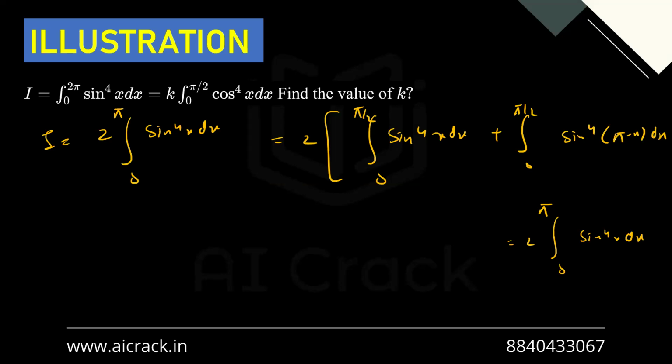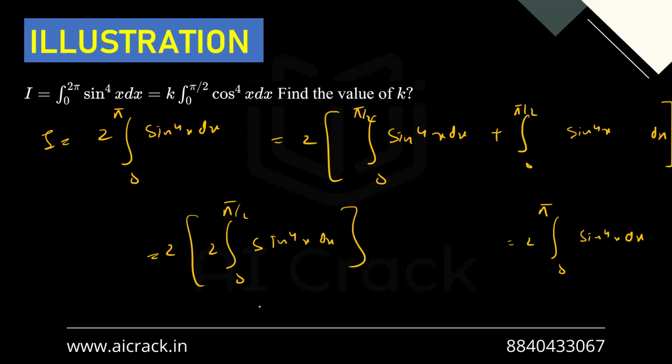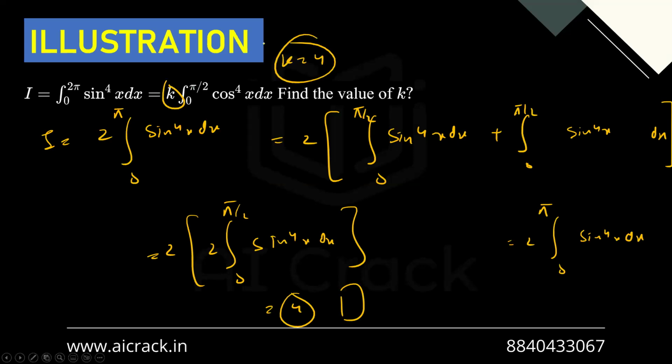We know that sin of pi minus x is sin x only, so this automatically becomes sin 4x. Now this becomes 2 times 2 times integral 0 to pi by 2 sin 4x dx, so it becomes 4 times this thing. So k is 4. This is the answer.